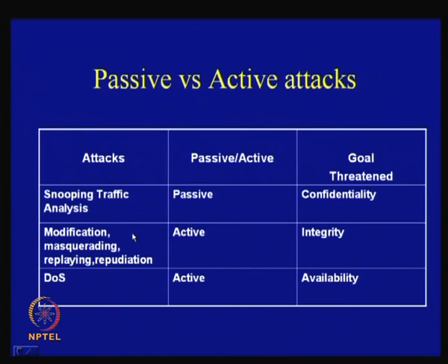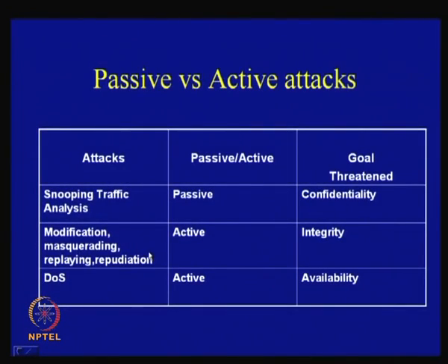Then we have modification, masquerading, replaying, and repudiation. We have seen what these attacks are, and they essentially fall under the class of active attacks. Even in masquerading you are modifying the packets, because you need to pretend to be the sender or the receiver.